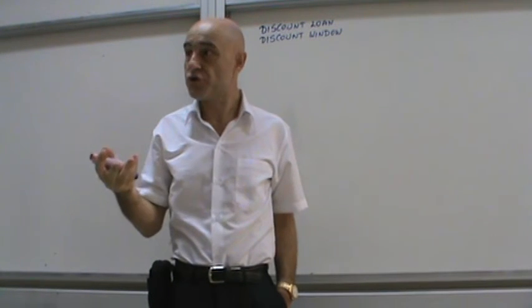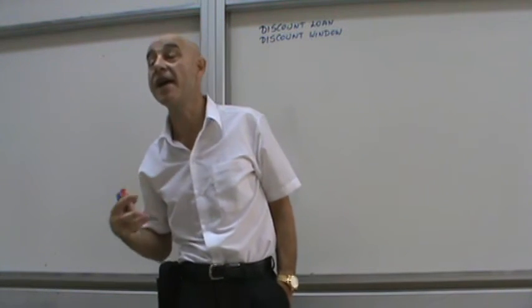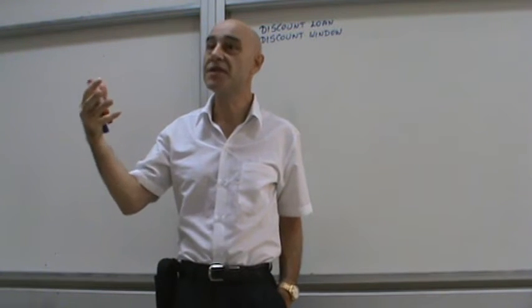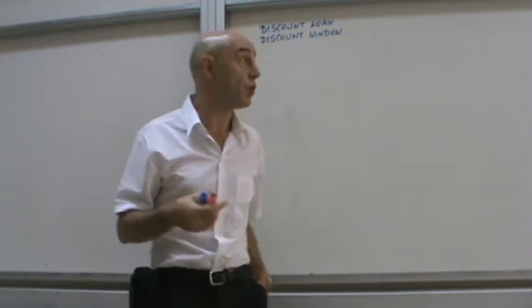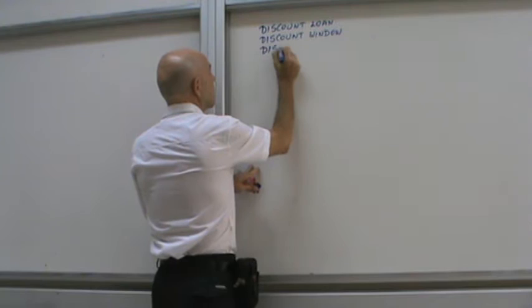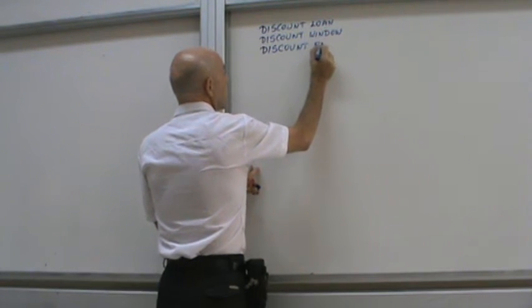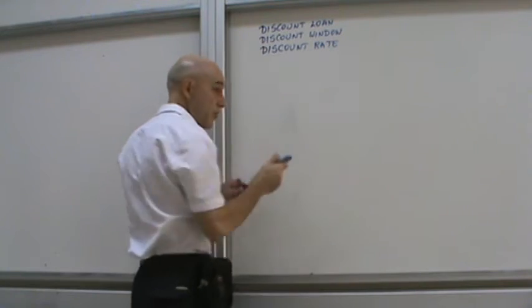And the interest rate which the commercial bank pays to the central bank is called the discount rate. Discount rate is an interest rate.